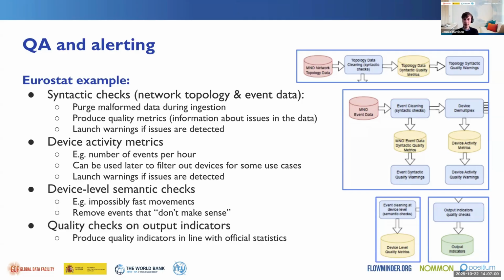So checking that the data coming in has the expected structure and is valid. At that stage, we purge the malformed data. So any data that doesn't fit the required structure, we throw away at this stage. Produce those quality metrics that keep a record of any information about issues. And then launch warnings, send alerts if any issues are detected so that someone can come and have a look.